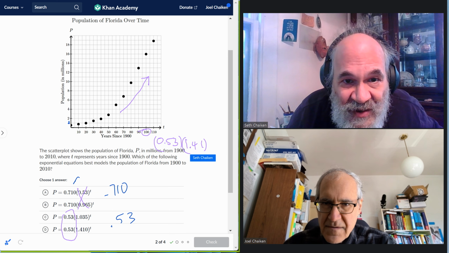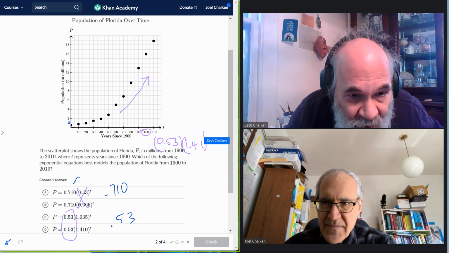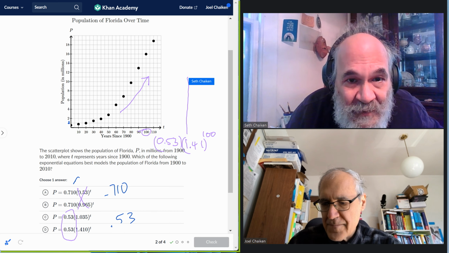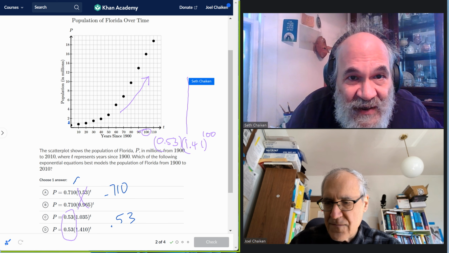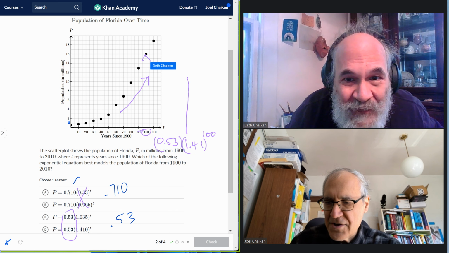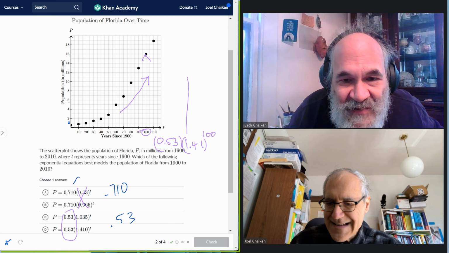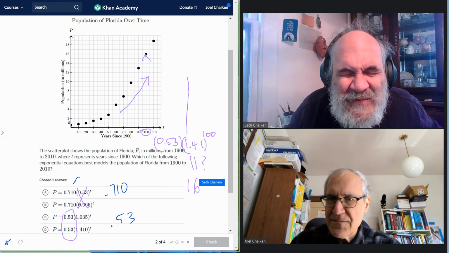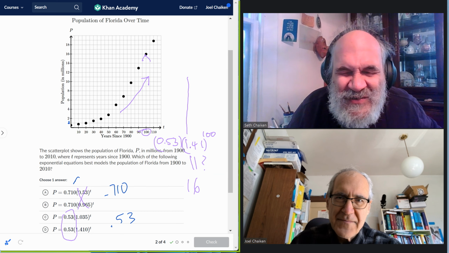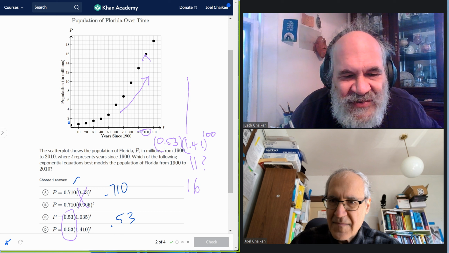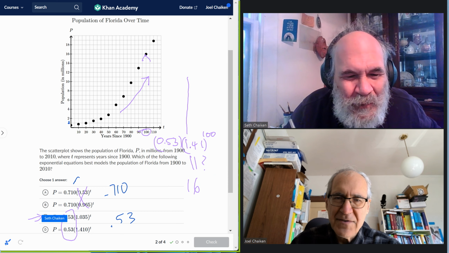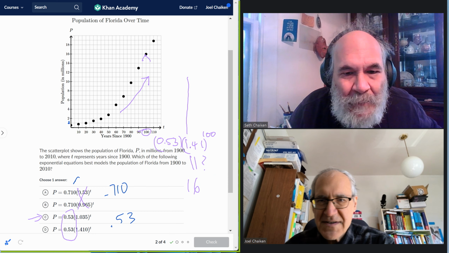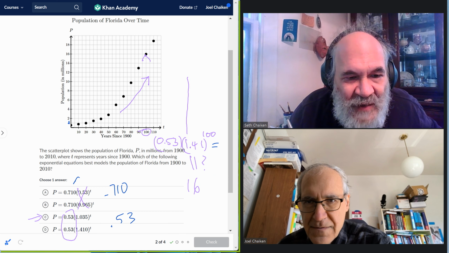Put it into the calculator, raise it to the 100th power, and see whether the result you get is 16, times 0.53. If it is greater than 16, then I pick C. If it is equal to 16, that's it. If it's less, then I pick this one.